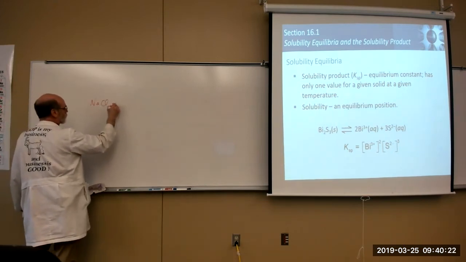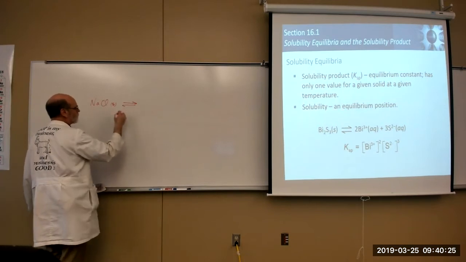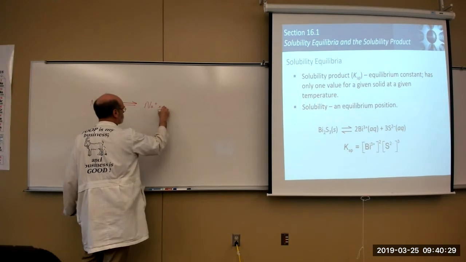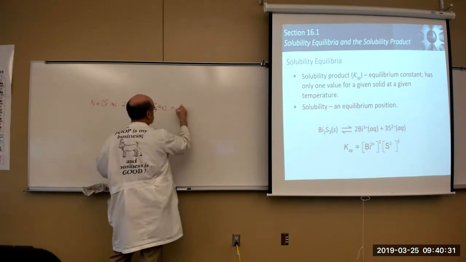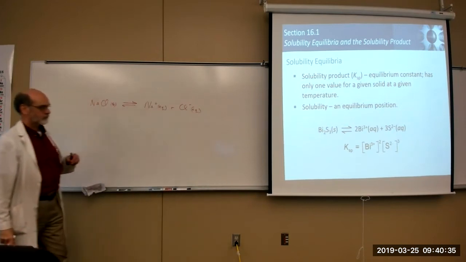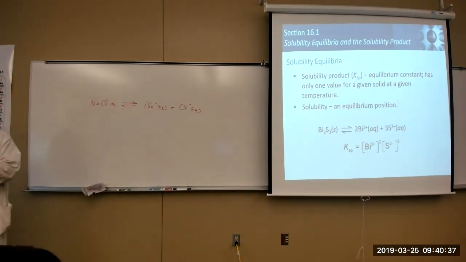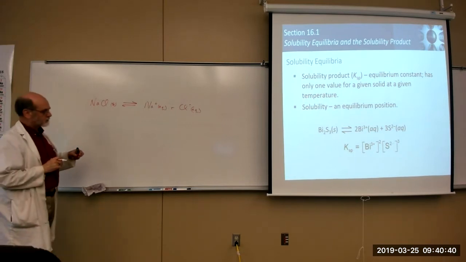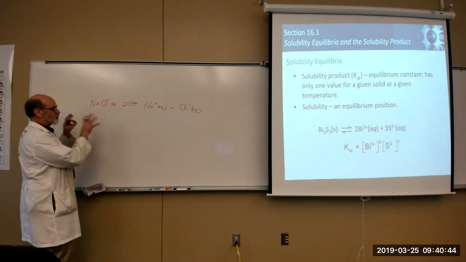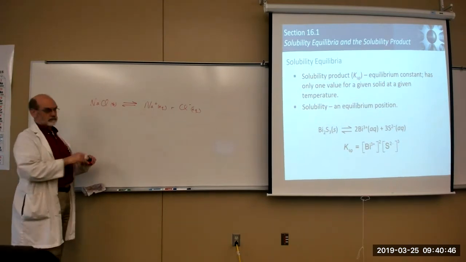So there you have sodium chloride solid, and it's in equilibrium with these two ions in solution, just like that. The solubility product is just an expression of that equilibrium, right?